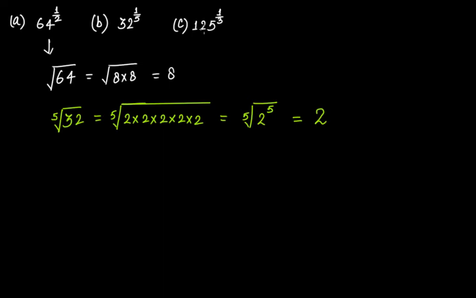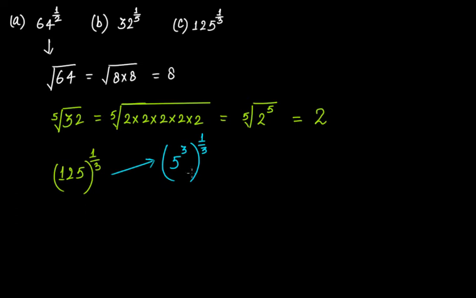Okay. Now here, this is 125 raised to power of 1 by 3. Now you can solve this problem in two ways. The first way is that 125 means 5 raised to power of 3, and then this whole raised to power of 1 by 3.